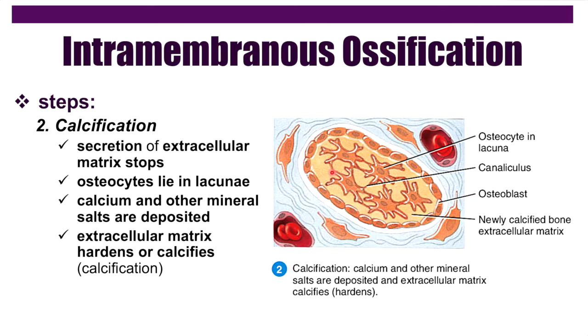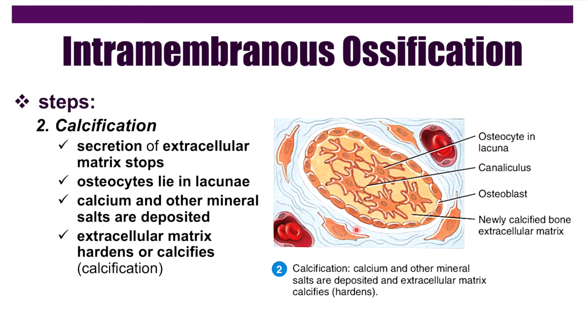The secretion of extracellular matrix will then stop and the cells, now called osteocytes, lie in the lacunae. Within a few days, calcium and other mineral salts are deposited and the extracellular matrix hardens or calcifies. This process is known as calcification.